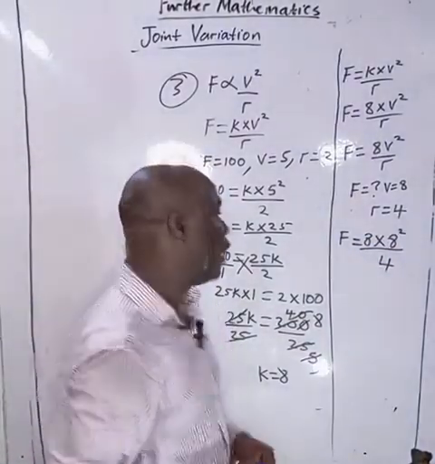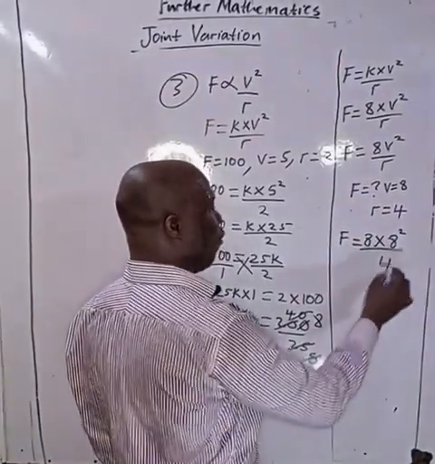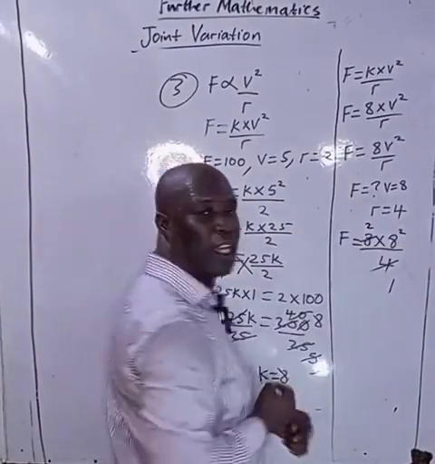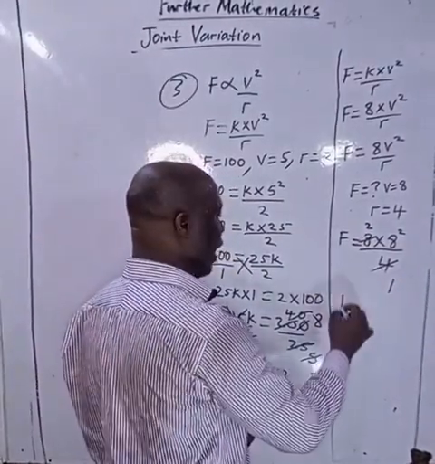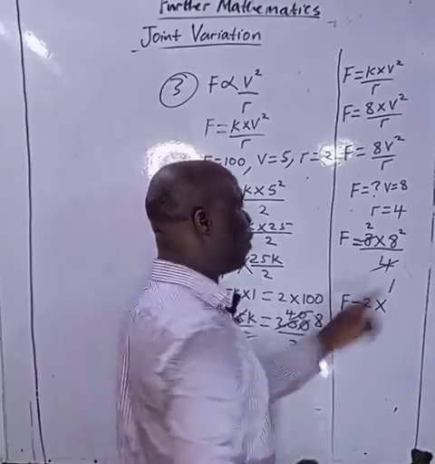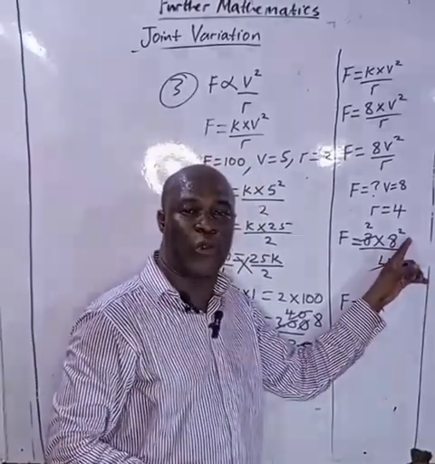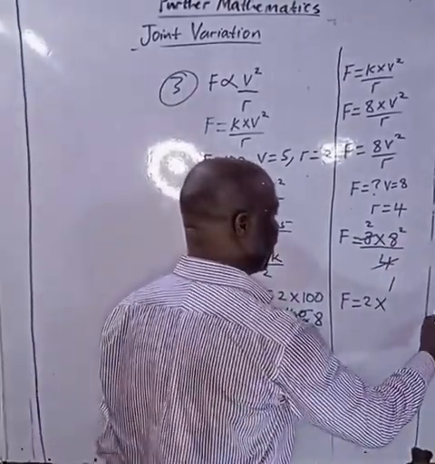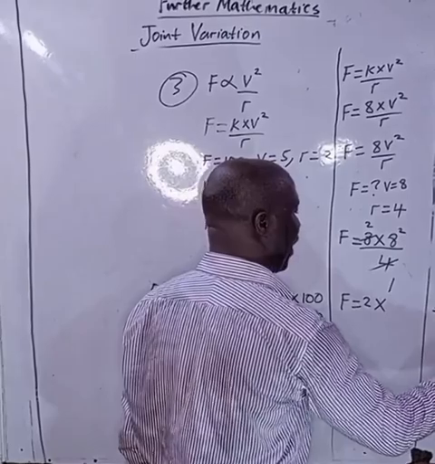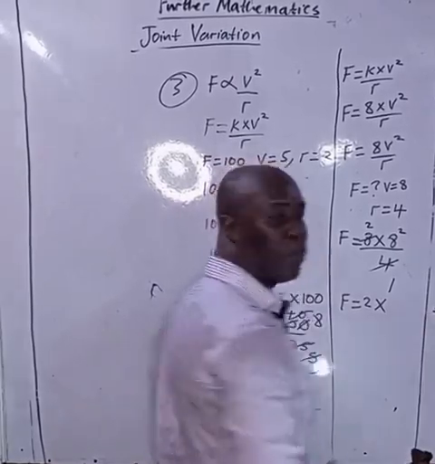Now we need to divide. We can move on now. 4 here, 1. 4 here, 2. So we have F equal to this 2 here, multiplied by, don't forget there's 8 squared here. 8 squared means 8 multiplied by 8, and that is 64.